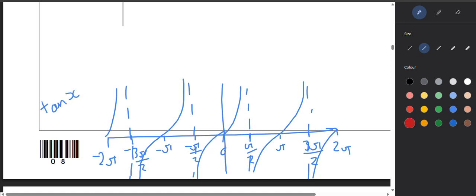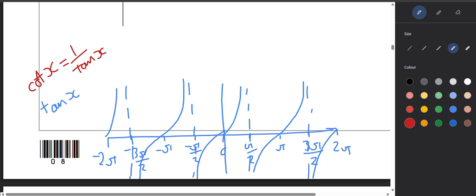So now I'm going to do cot x. So cot x, remember, is just the reciprocal of tan x. Now you can remember what this looks like, or you can be lazy, or I'd call it efficient, and think about, well, what's happening there, because it's basically just the reciprocal. So what happens for values of tan x, because we can see what tan x is, because we've got our graph. So let's first of all think about what happens when tan x is 0 when we've got cot x.